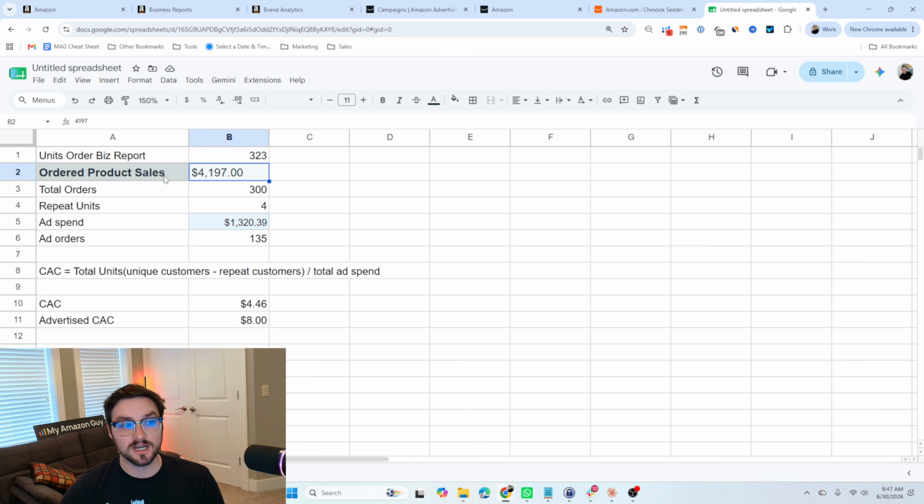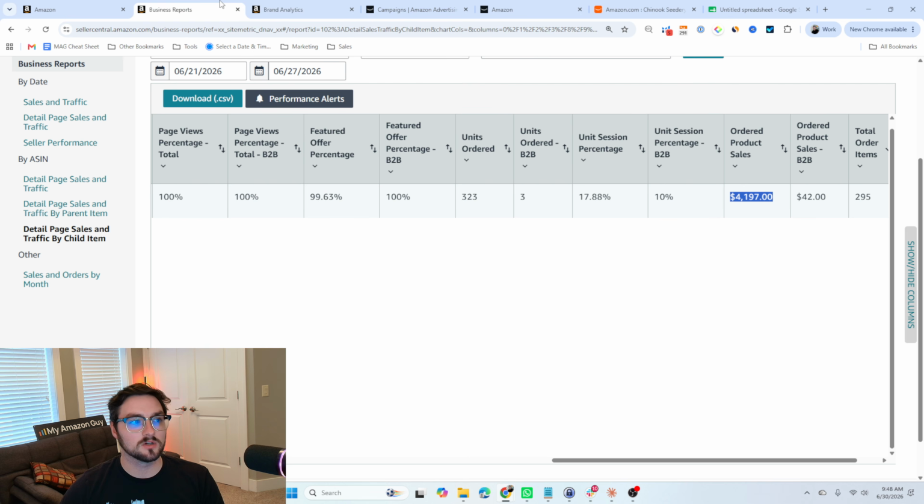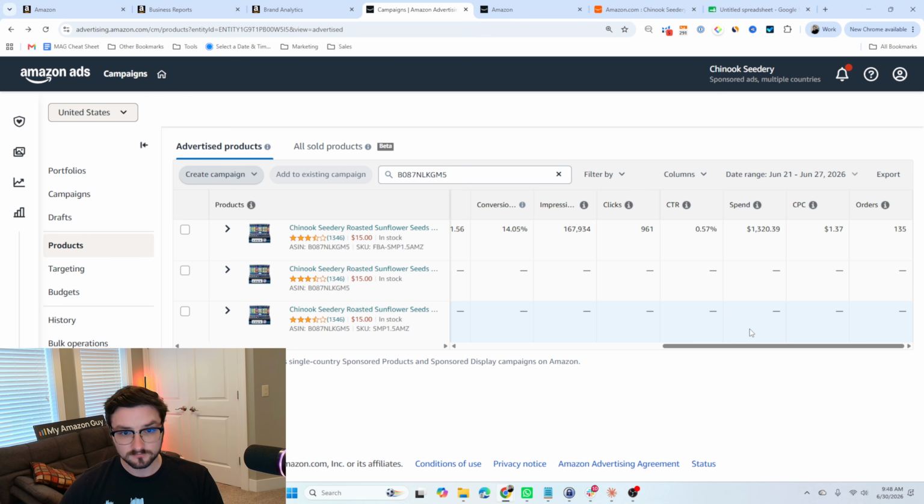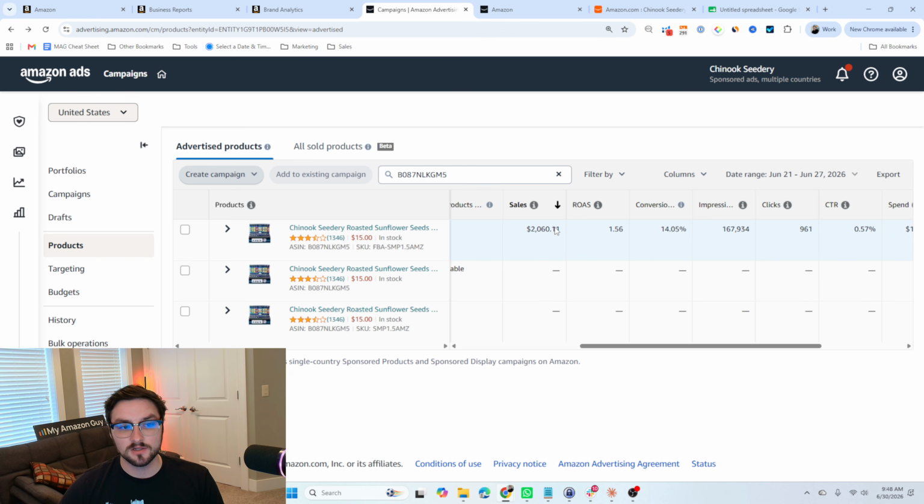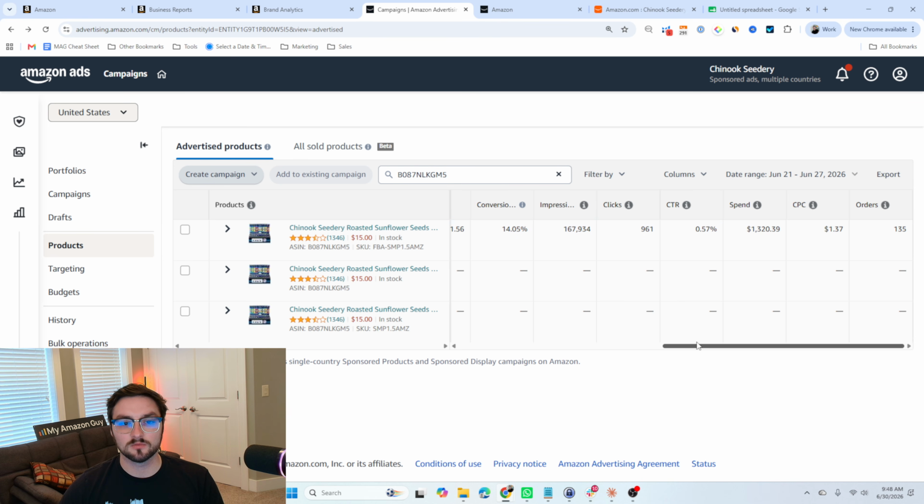Now, the other aspect is that this is total product sales at the end of the day. Within the total product sales, we can see the 4,197. You can also look at this specifically for what the total actual sales volume was just for your advertised, right? So looking again specifically at this number, we're looking at the spend versus the orders inside of this.